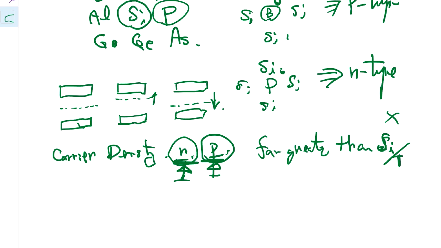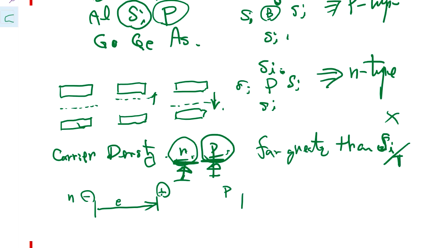But conductivity is different. In N-type, when you put voltage, a lot of electrons run all the way, and that's determining conductivity.